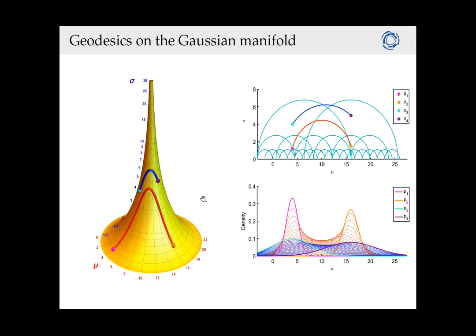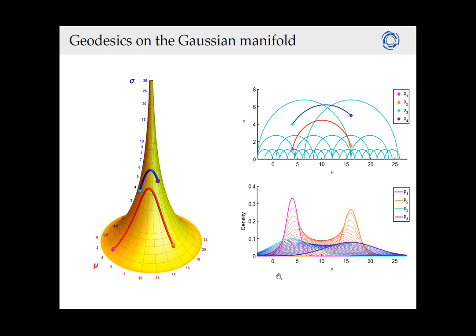And interestingly, if you would calculate the Euclidean distance between these distributions just by calculating the difference between their means, the difference between the standard deviations, and taking the sum of squares, you would actually see the opposite. So these two distributions with a smaller standard deviation would be closer than these two, and this is not correct.